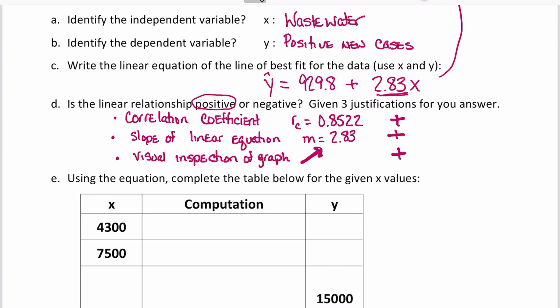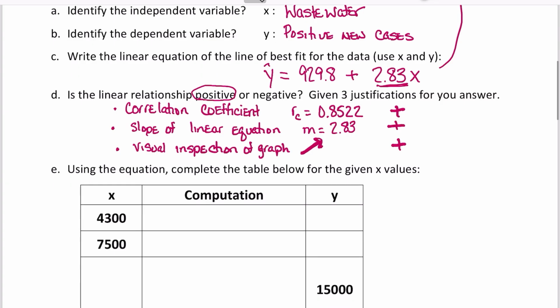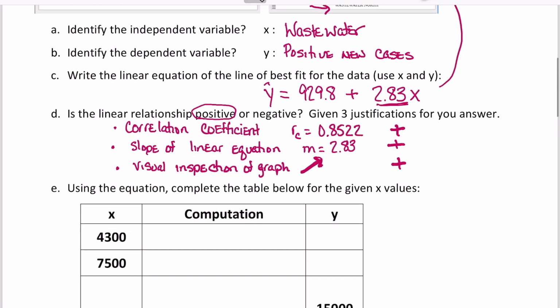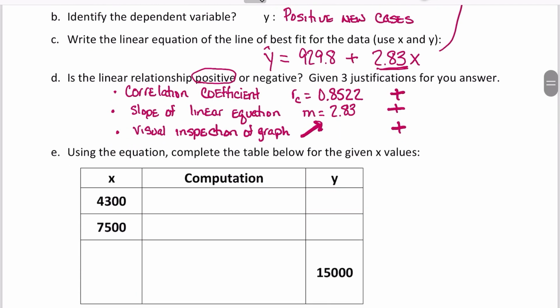Now, for the last one, we're going to do some computations. I give you a couple of X values and ask you to compute Y. And then I give you a Y value and ask you to compute X. So we're going to use that equation that we've gotten. The first one, X is 4,300, which means whatever that measurement is in the wastewater, it has a measurement of 4,300.